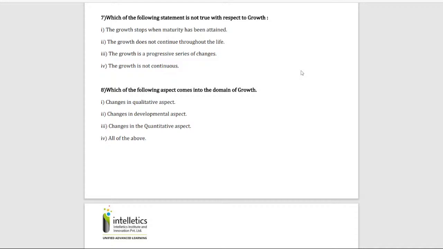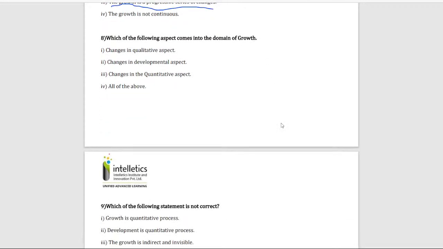Fourth, the growth is not continuous. So, which of these statements is not true? And the correct answer for this question is the growth is a progressive series of changes is not true with respect to growth.